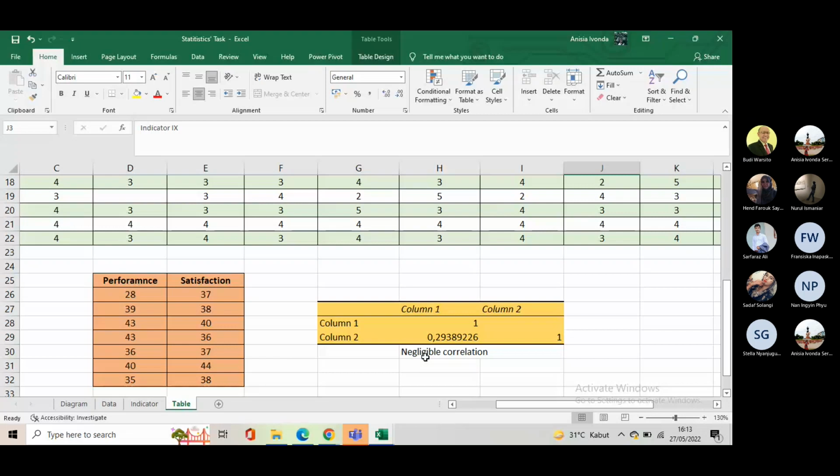And when that happened with your experiments, you can make a justification of why it happened. Okay, yes, I got it.